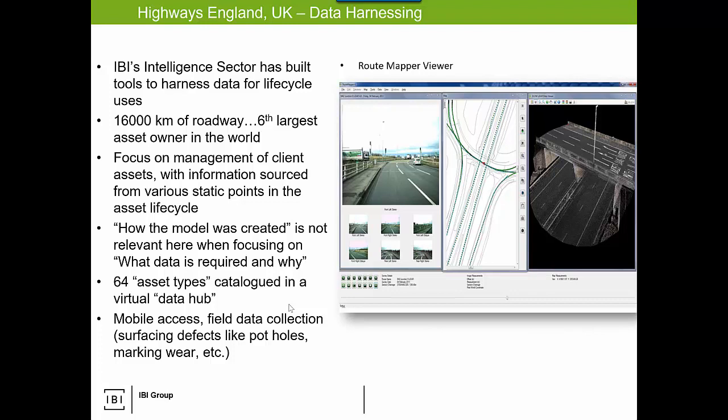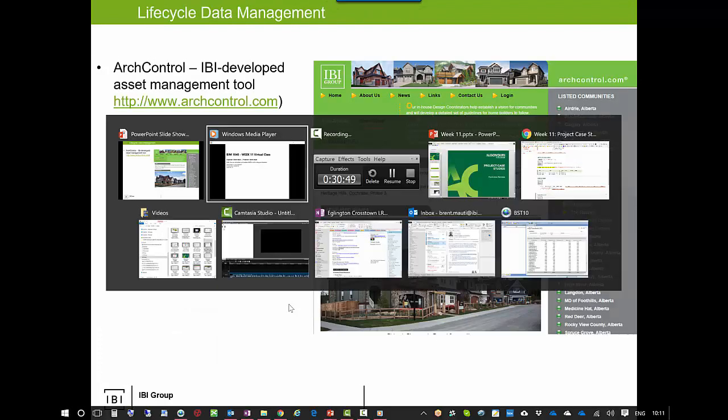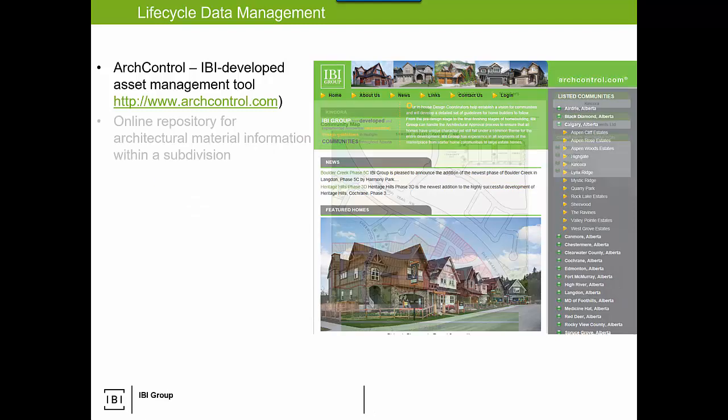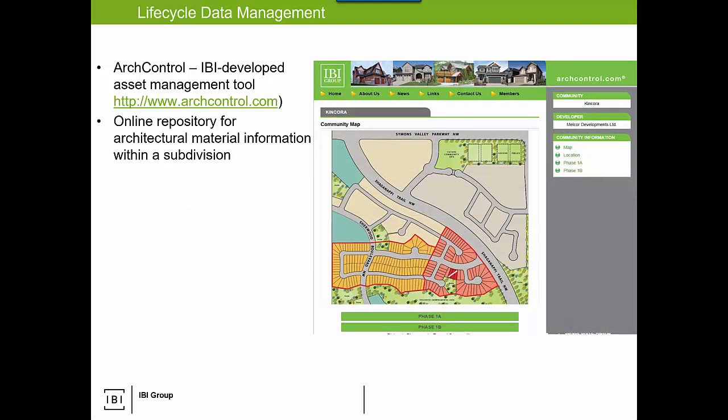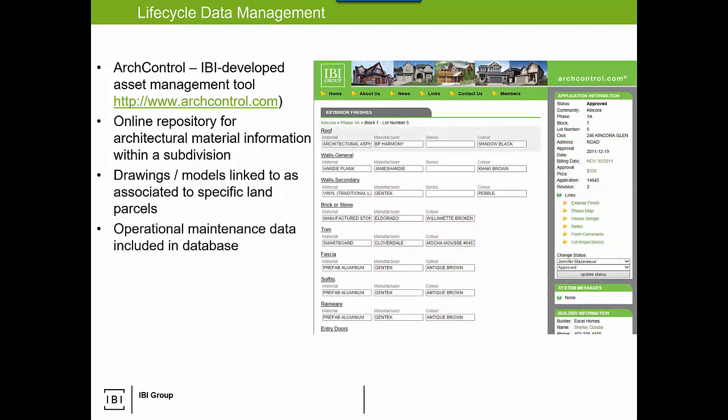We have another tool called Arch Control, that allows us to manage the development of land development subdivisions. It gives a repository of the information, so what's been designed, what are the drawings, the types of models for each parcel of land, what types of materials are being delivered to the site for each specific parcel, what decisions have to be made, gives an interface for the stakeholders, maybe the client or the ultimate homeowner, to go and select.